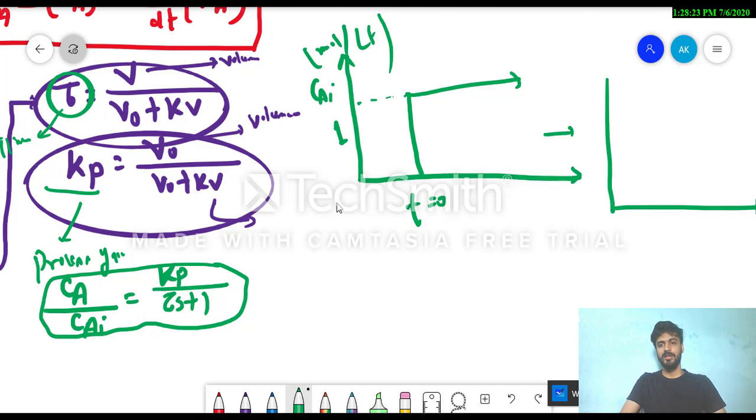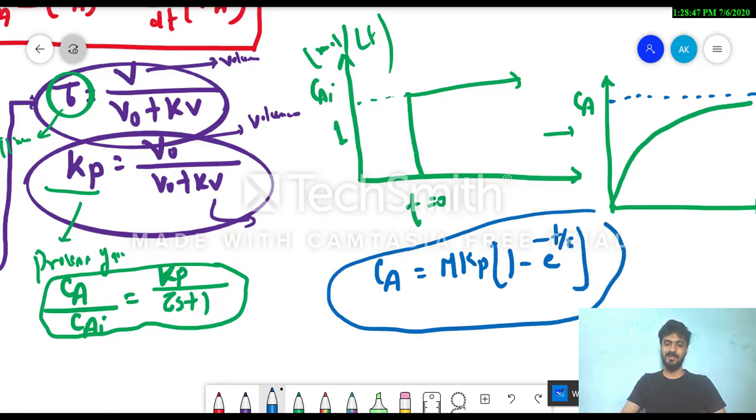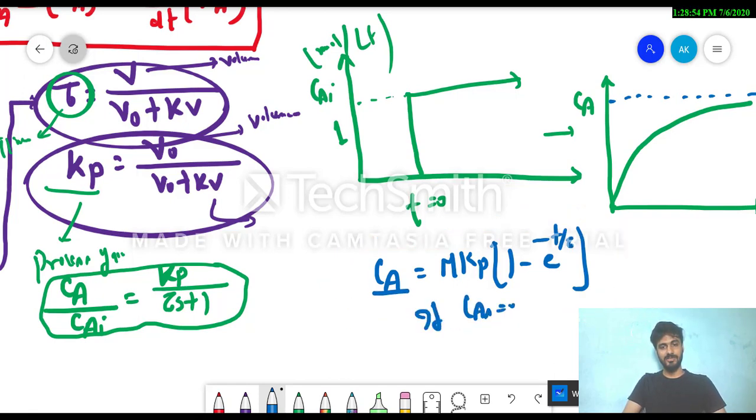Already I have told you, if the steady state value of the output is 0 initially, you will be getting these types of graph. So you can get Ca, that equals M and Kp into 1 minus e to the power minus t by tau for a step input. I am just deriving this for a step input. Okay, so this is Ca provided that Cas equals 0.